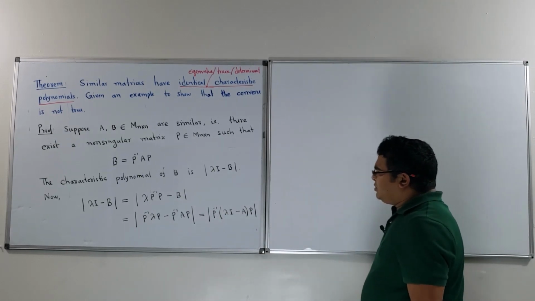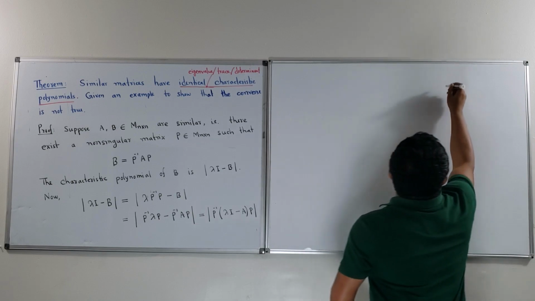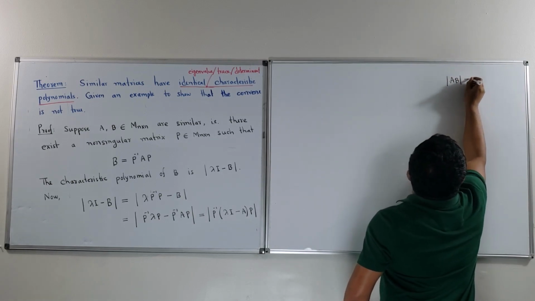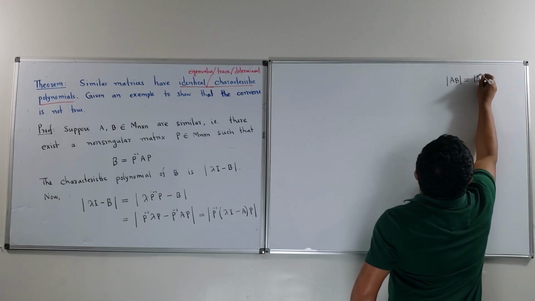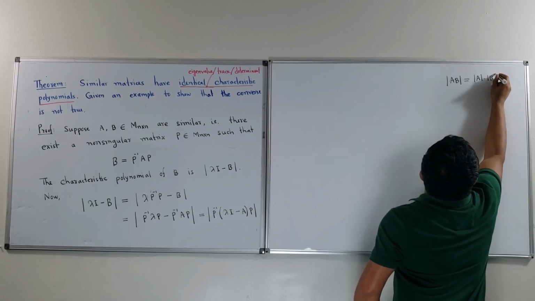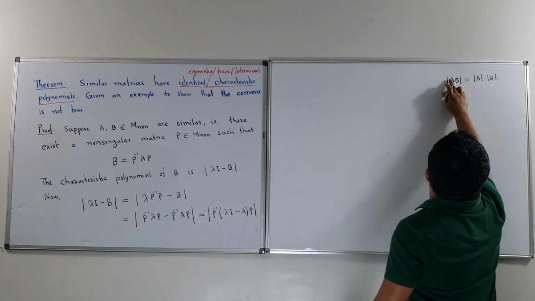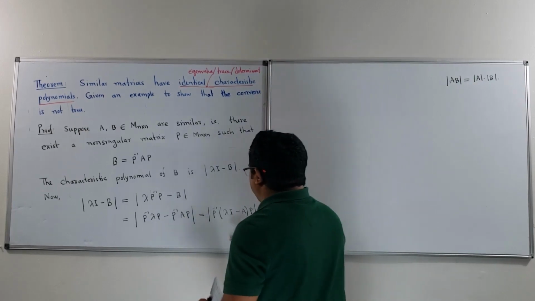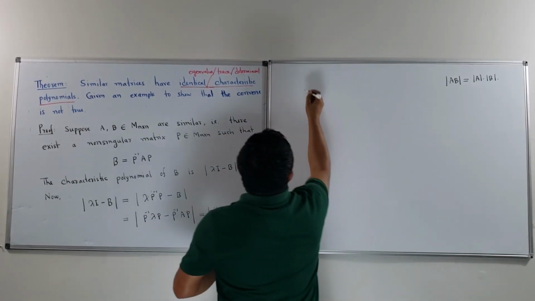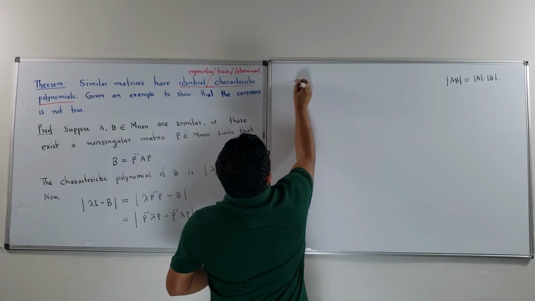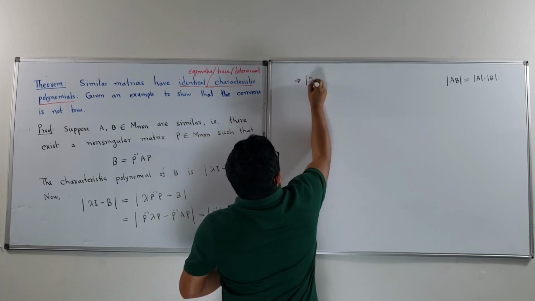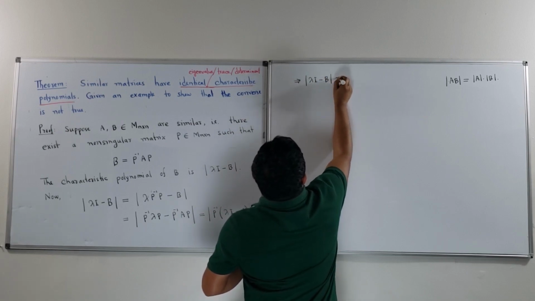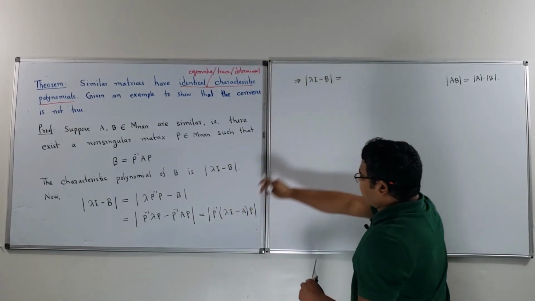Now we know that if there are two matrices A and B, then the determinant of AB is the determinant of A times the determinant of B. So from here, the determinant of lambda I minus B can be written like this.